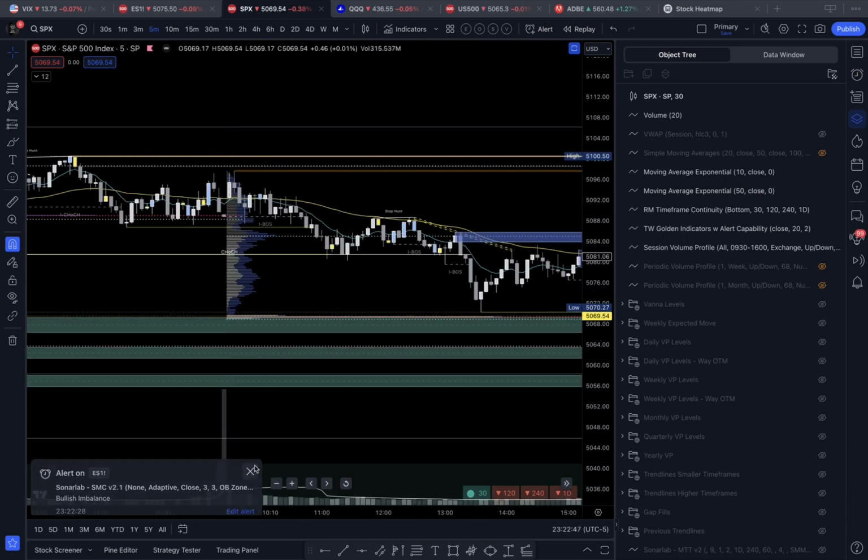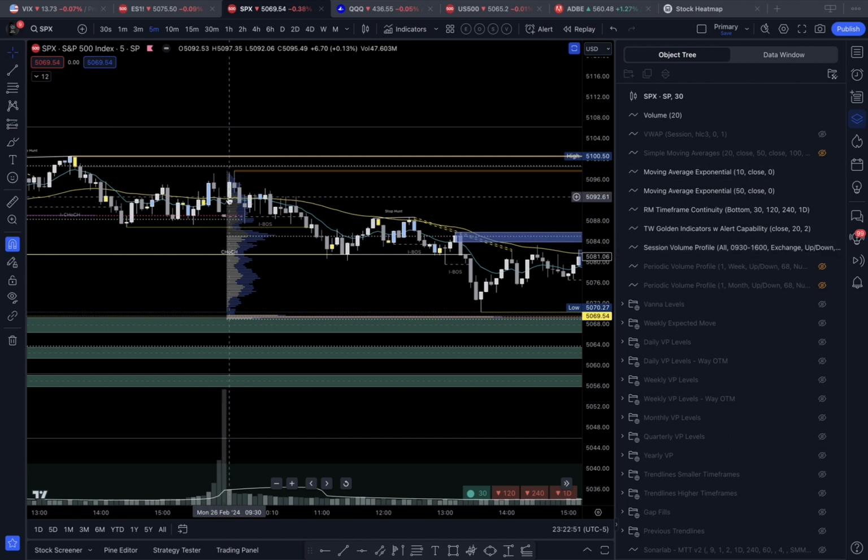So we opened, and as I mentioned, on a news day I want to wait to see what the news does. The first level of rejection was 50.95. It happened here. On the first 5-minute candle, I'm not going to react immediately.